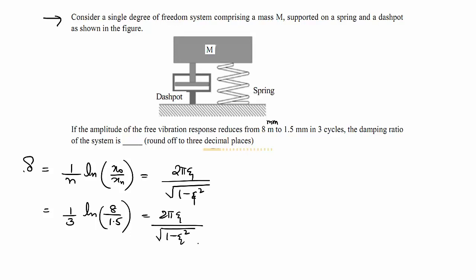We need to solve for zeta from here. Upon solving, we get zeta equal to 0.089, which is the damping factor. This is the end of the question.